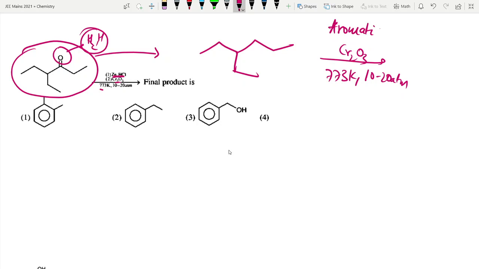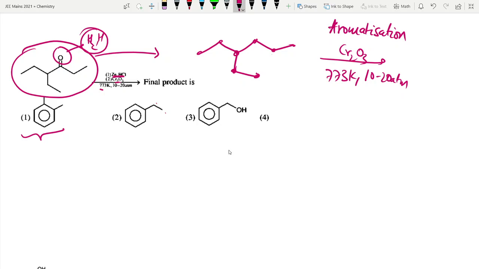This year I have seen maybe the 3rd or 4th question based on aromatization, and you have to think how to make a ring here. Hydrogens will be lost, of course, but from which side can you make the ring? How many carbons here? 1 2 3 4 5 6 7 8. Can we make this thing?